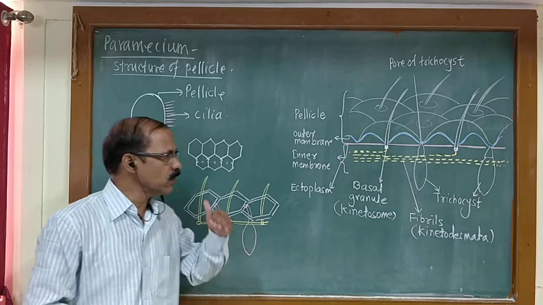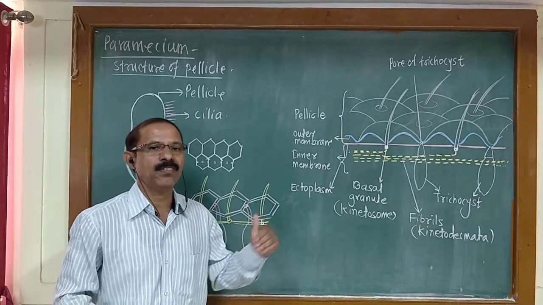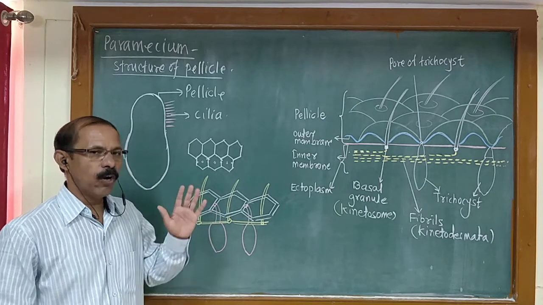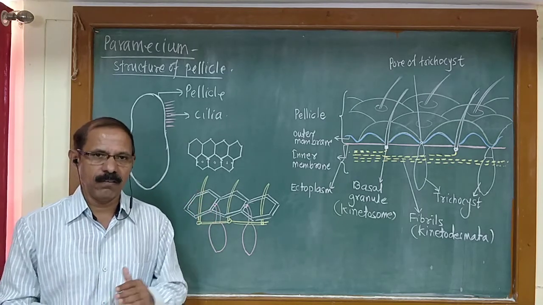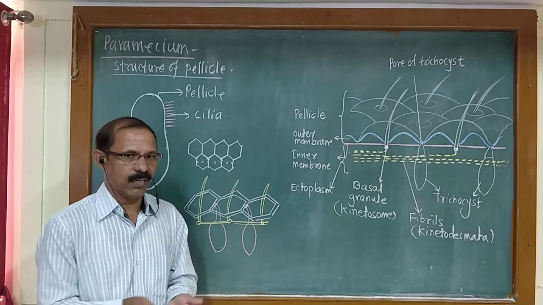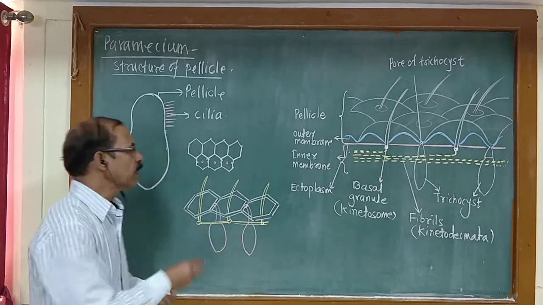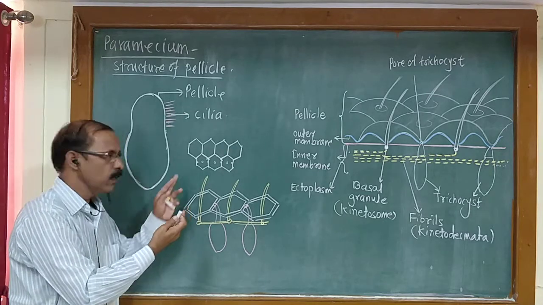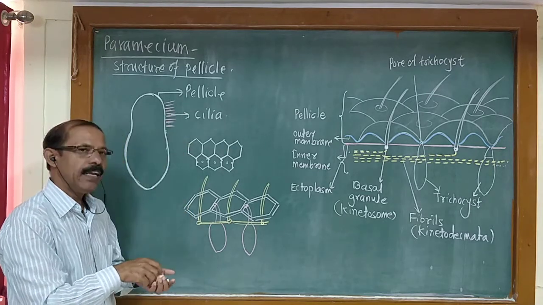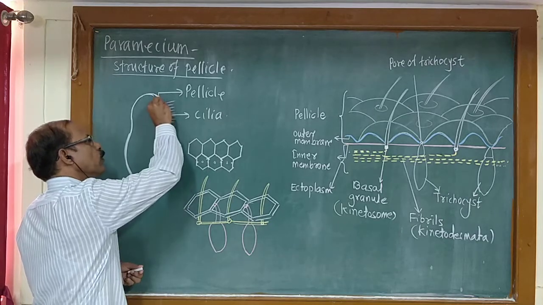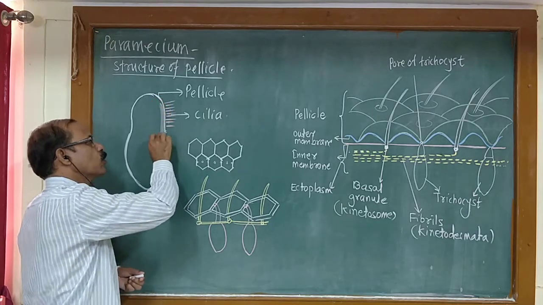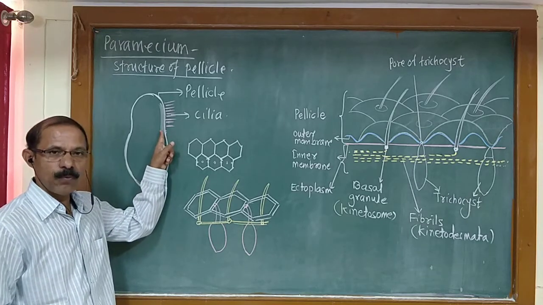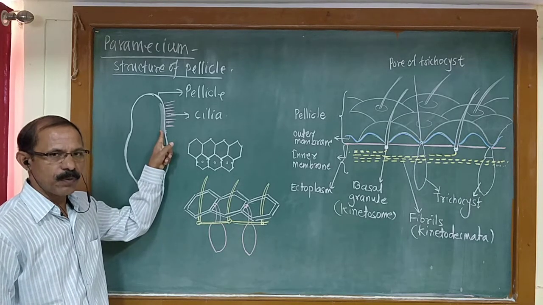If we look at the electron microscopic structure of the pellicle, it is made up of a double layer, an inner layer and an outer layer. The outer layer is in contact with the cilia, because cilia are present on the outer side of the pellicle. The inner layer is in contact with the ectoplasm, because below the pellicle is the ectoplasm, the outermost part of the cytoplasm.